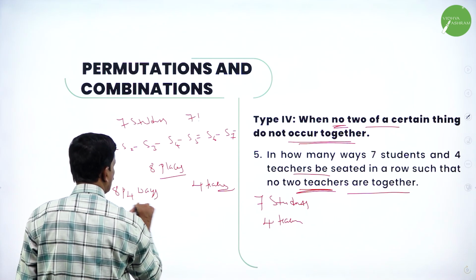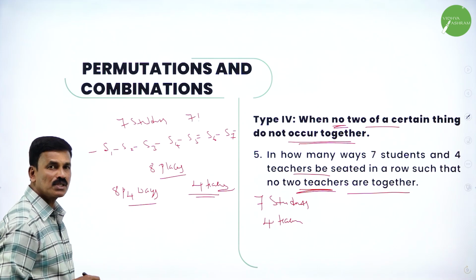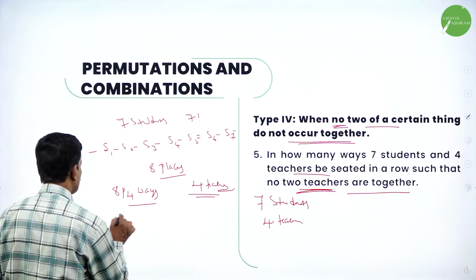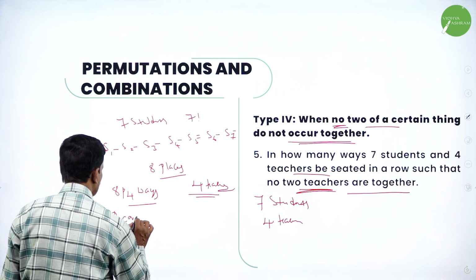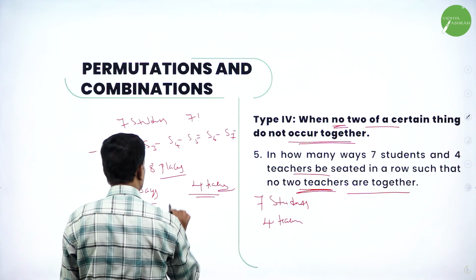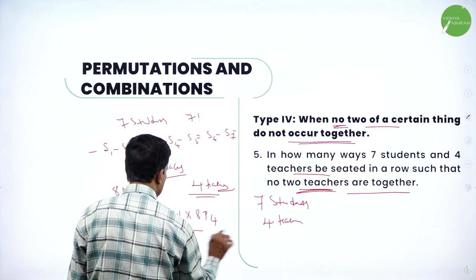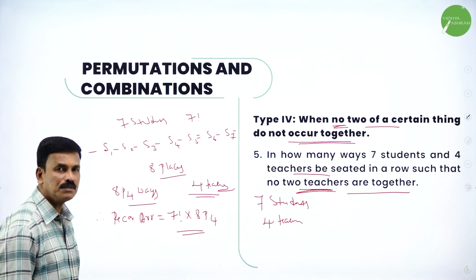So therefore the required arrangement is equal to 7 factorial into 8P4. That's it.